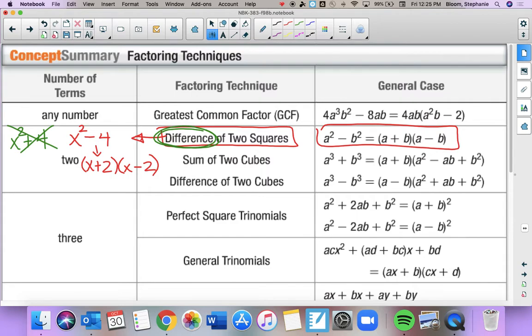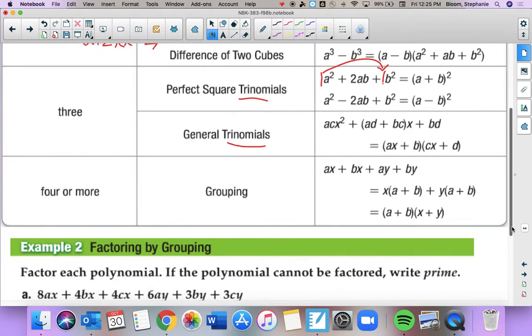Okay, then we have 3 terms. You guys already know this. 3 terms, so trinomials, you just do the factor method like you've always done, where we would multiply first and last, find factors that add to the middle term. That one you already know, so that's not a new concept. This part is new.